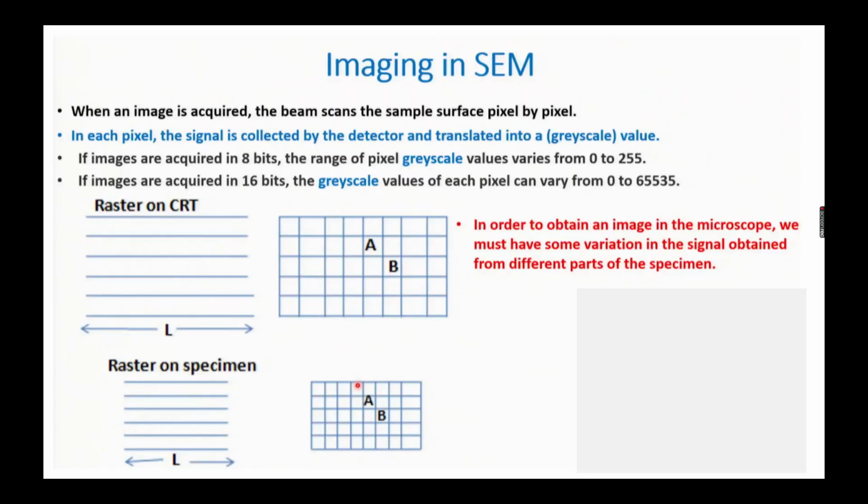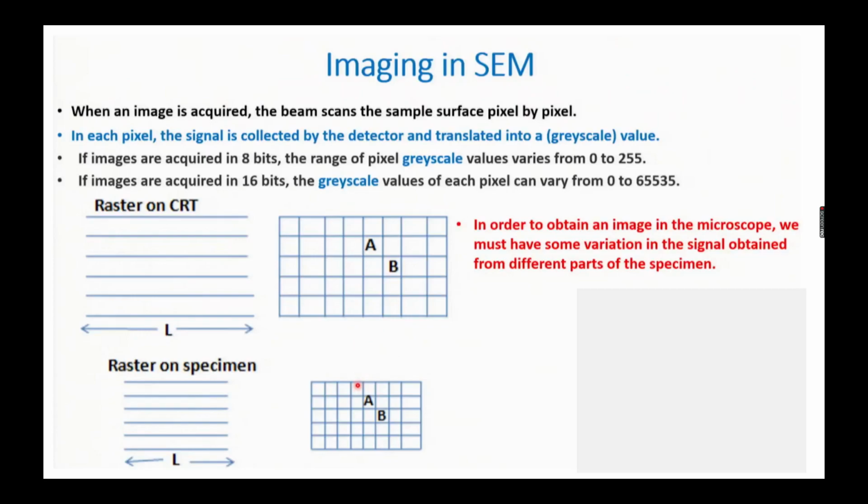So here, when an image is acquired, the beam is falling onto your specimen, and it is scanning the sample surface pixel by pixel. As I showed you in the last slide, there will be a raster on the CRT, and this is a specimen, so it will scan in a raster manner, like this, then the second, then the third, and the fourth, and so on. In each pixel, the signal is collected by the detector and translated into a grayscale value.